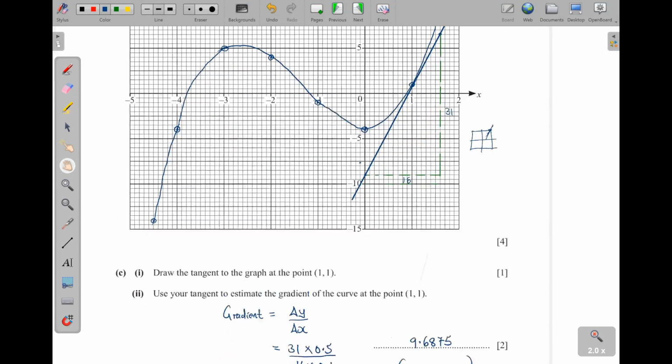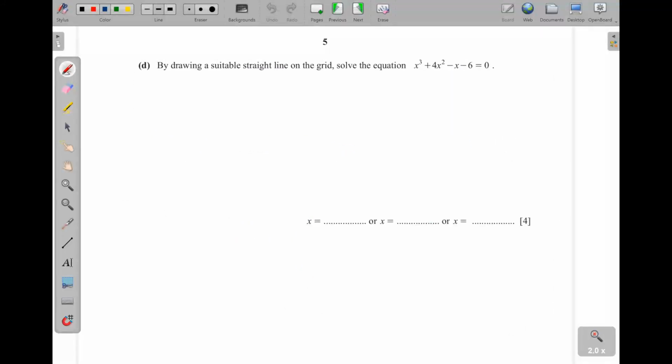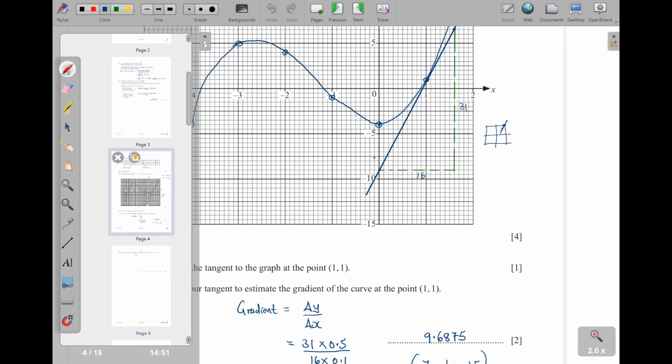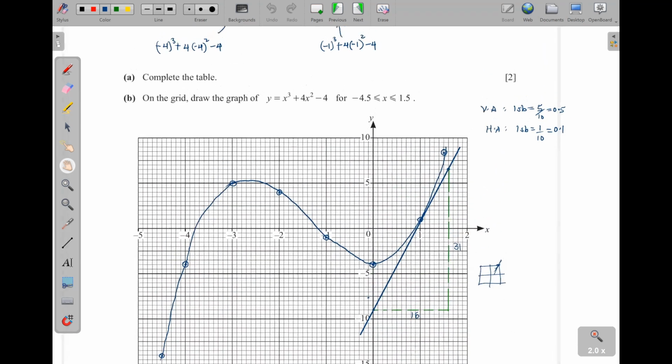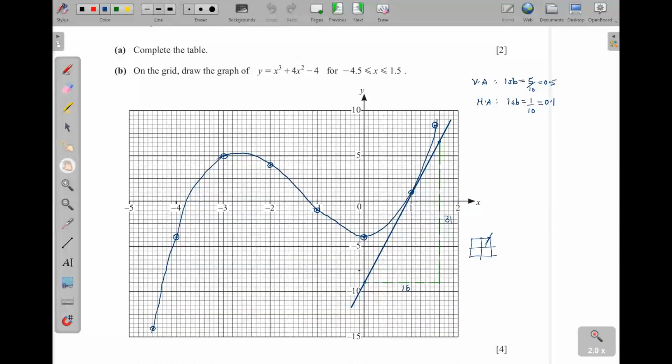Part D, by drawing a suitable straight line on the grid, solve the equation x cubed plus 4x squared minus x minus 6 is equal to 0. Now what we can do, we have our equation of this curve here. The one we have drawn is this one, x cubed plus 4x squared minus 4.